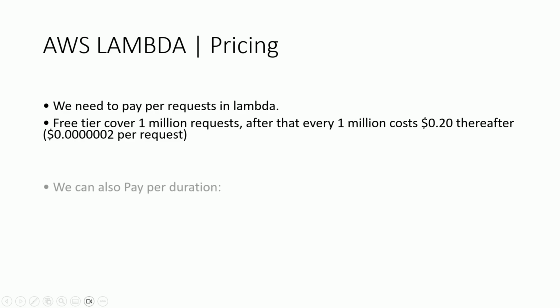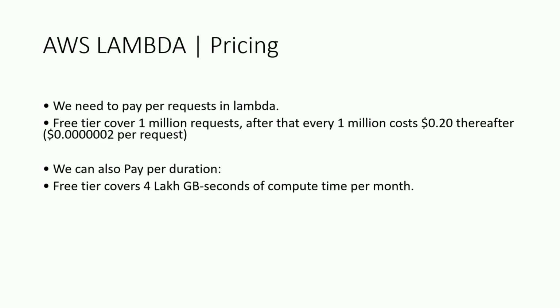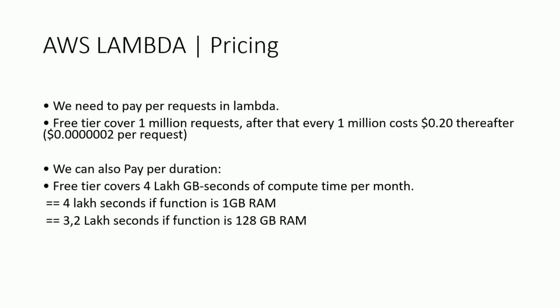Now we can also pay based on the duration, right? So first thing, the free tier covers 4 lakh GB-seconds of compute time per month. So if we configure our Lambda function as 1 GB RAM, it provides 4 lakh seconds of compute time. So once we breach these values, then we have to pay $1 for every 6 lakh GB-seconds.